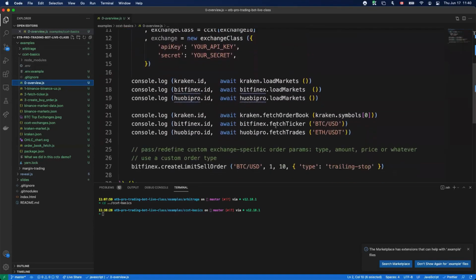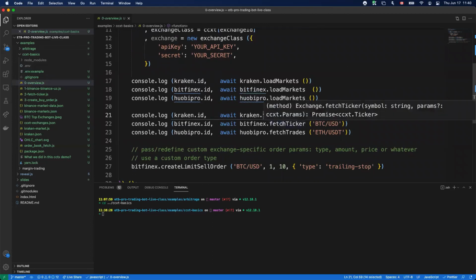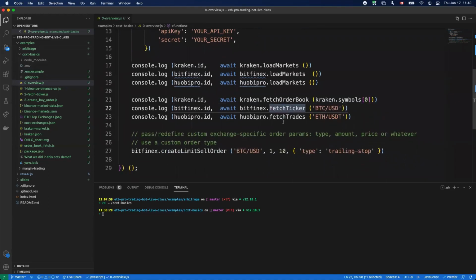Then there are some calls which we are making directly to the exchanges, starting with loading the markets, fetching the order book, and fetching the ticker data. If you want to fetch trades, there is a method available on CCXT called fetchTrades.